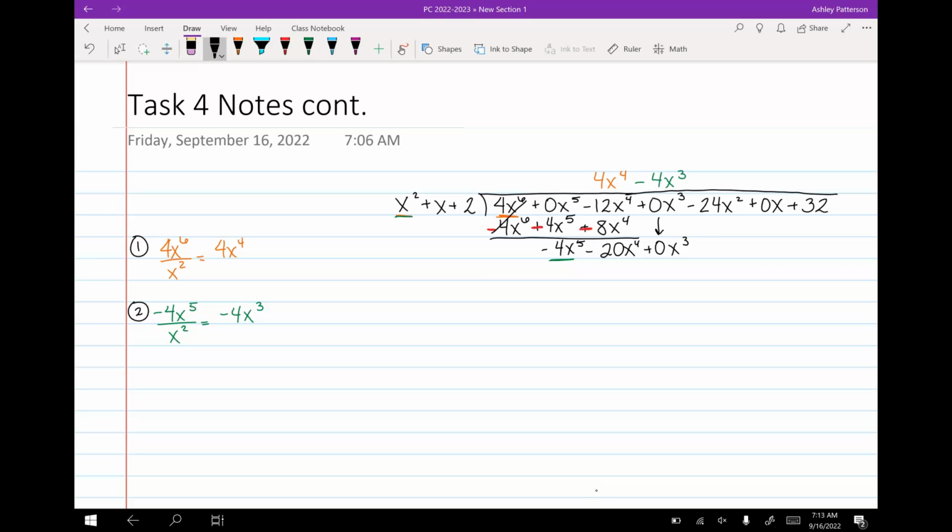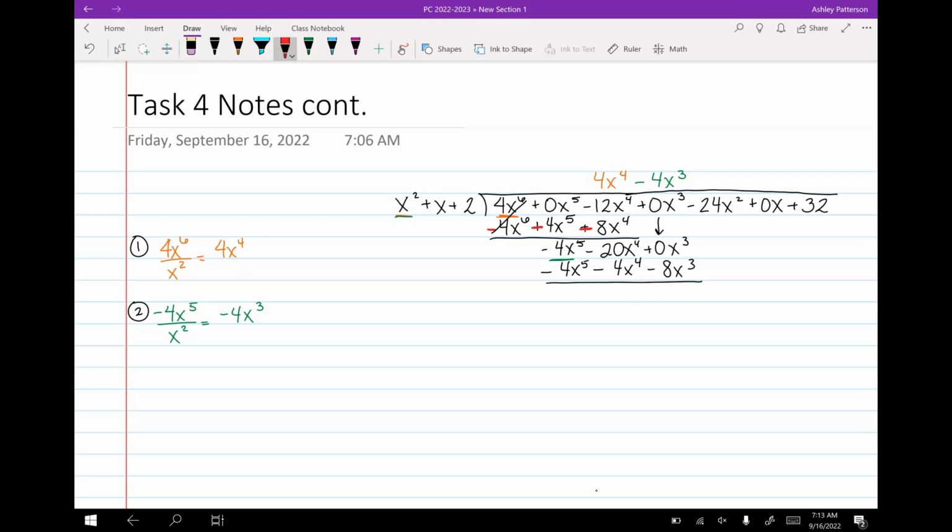Hopefully the colors are helping you follow along. And then we have negative 4x to the 3rd times the first term that we're dividing by, x squared. So we get negative 4x to the 5th. Multiply it by that second term, so negative 4x cubed plus x, we get negative 4x to the 4th minus 8x to the 3rd. Yay!